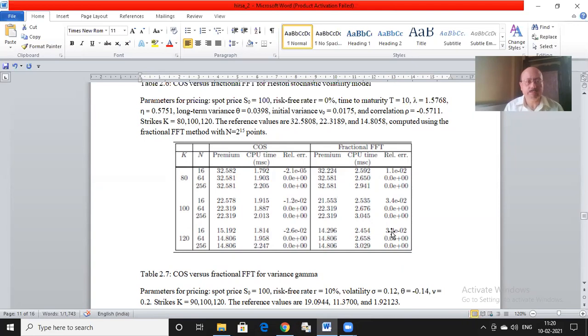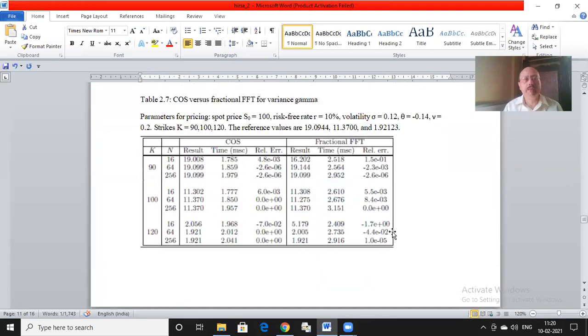so it is clearly better. And finally, we look at the variance gamma model. Again, similar kind of parameters. And again, the reference values are given here, computed for a very large fractional FFT.